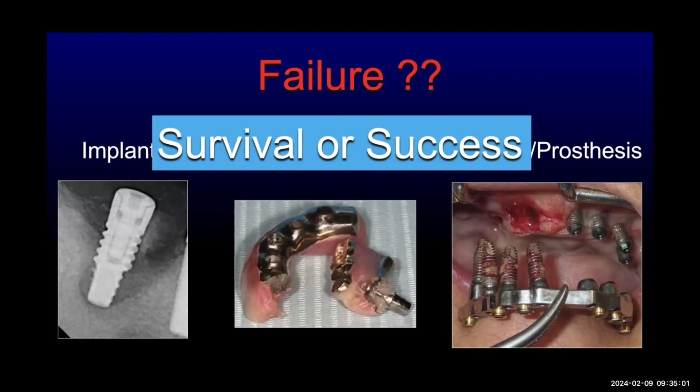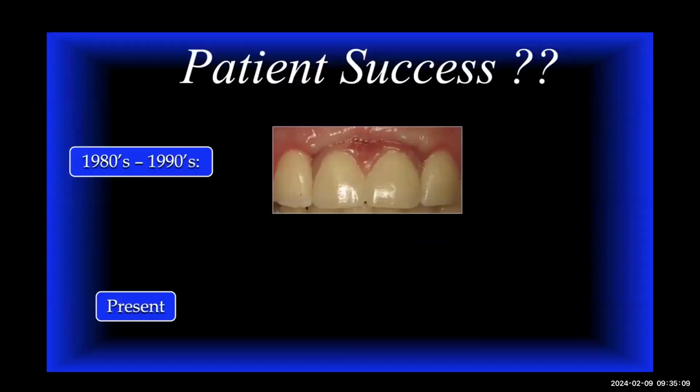And we judged our failure by if the implant integrated or not. We know that one on the left did not integrate. And we could put any type of prosthesis in, and the patient would be happy because all they wanted was a crown there. Aesthetics really wasn't that big of a deal. Even function wasn't that big of a deal, as long as we could get something in there.